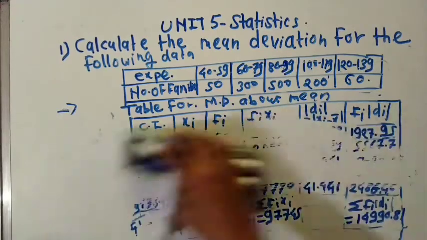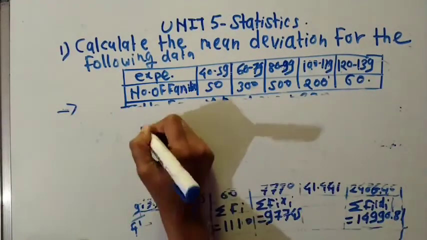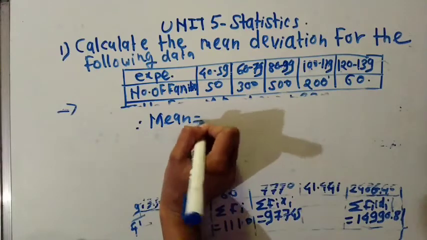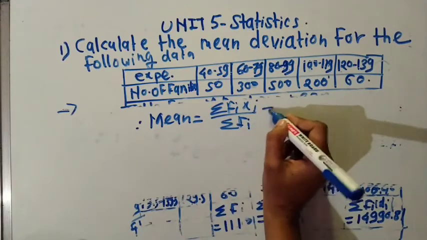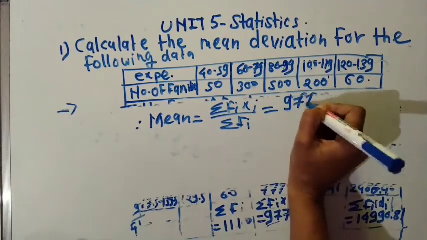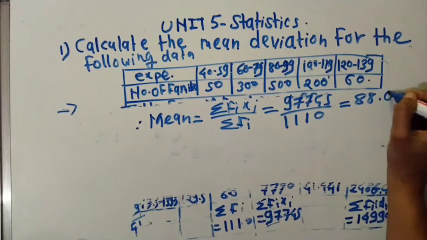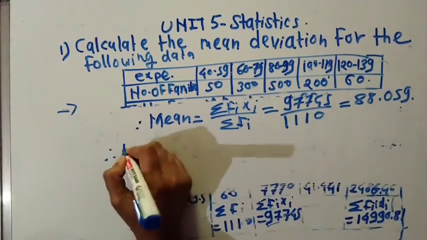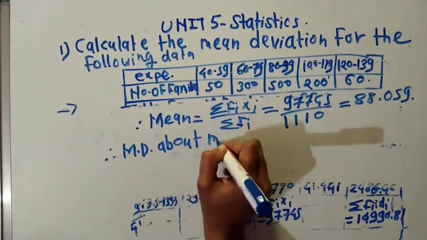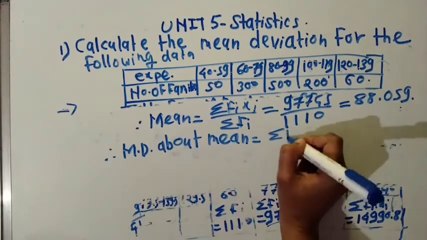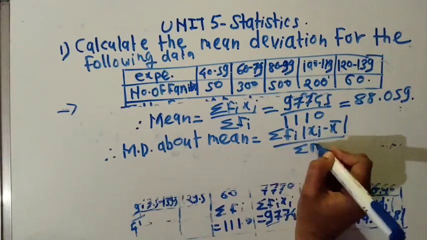Then we write mean is equal to summation of fi xi upon summation of fi is equal to 97745 upon 1110 is equal to 88.059, and mean deviation about mean is equal to summation of fi into mod of xi minus x bar upon summation of fi.